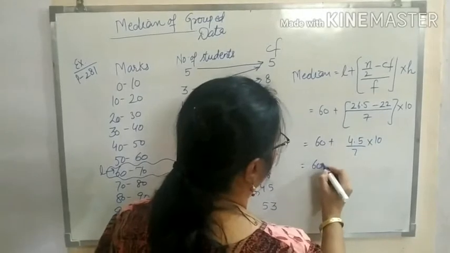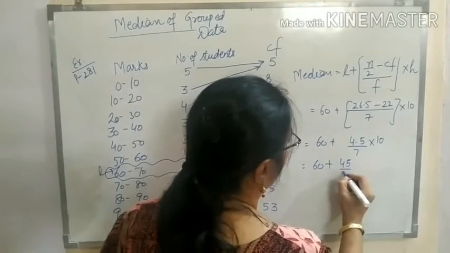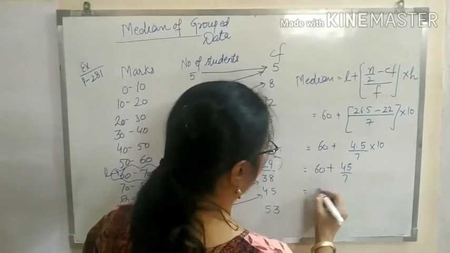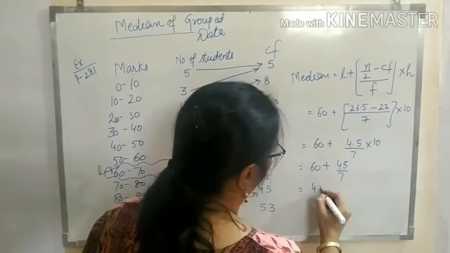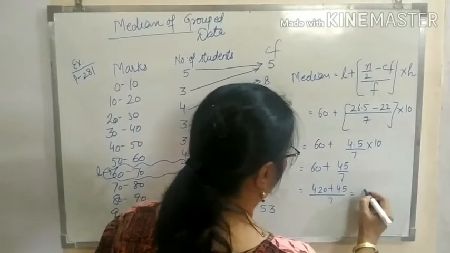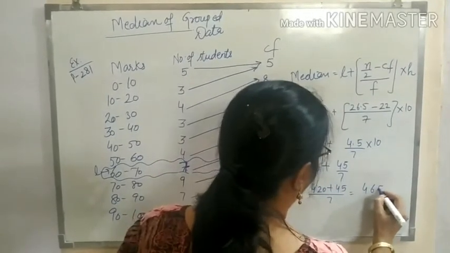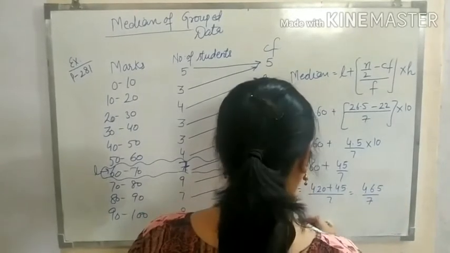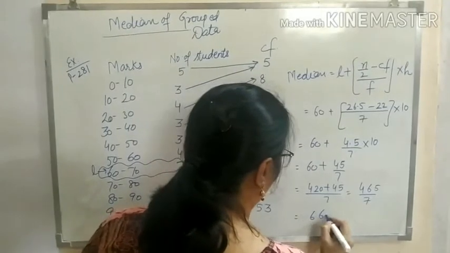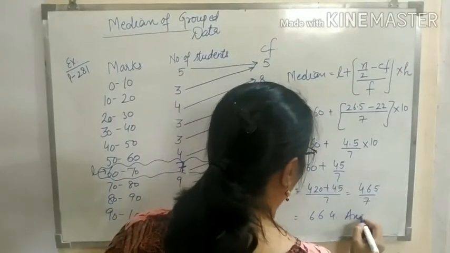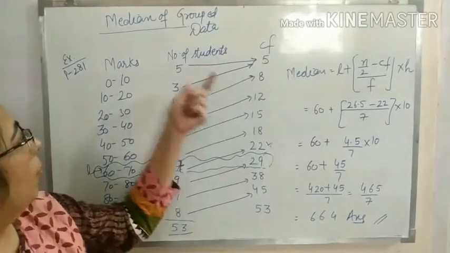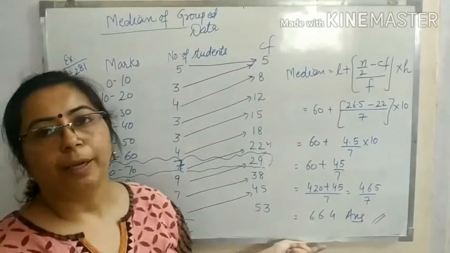Removing the decimal, you will get 45 upon 7, as the decimal is removed and the 10 gets cancelled. So this comes out to be 420 plus 45 by 7, that is 465 upon 7. Solving it, you will get the answer 66.4. So this comes out to be the median of the grouped data. Using this formula for grouped data, we can find the median.